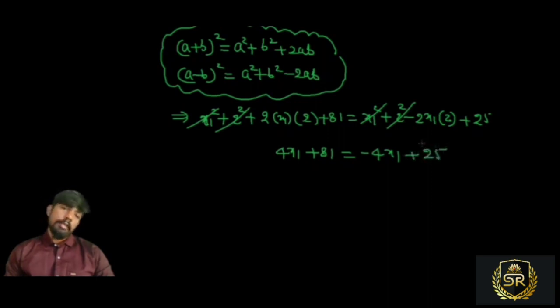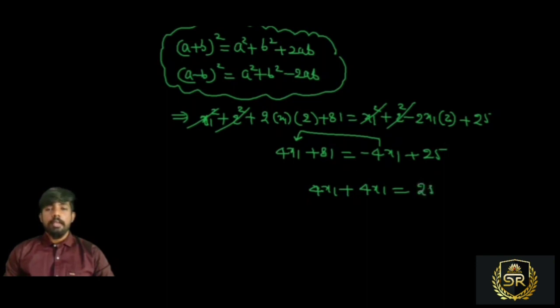Send the minus 4 x1 term to the left hand side, and the 81 to the right hand side. 4x1 plus 4x1 is 8x1, equals 25 minus 81, which is minus 56. So 8x1 equals minus 56.